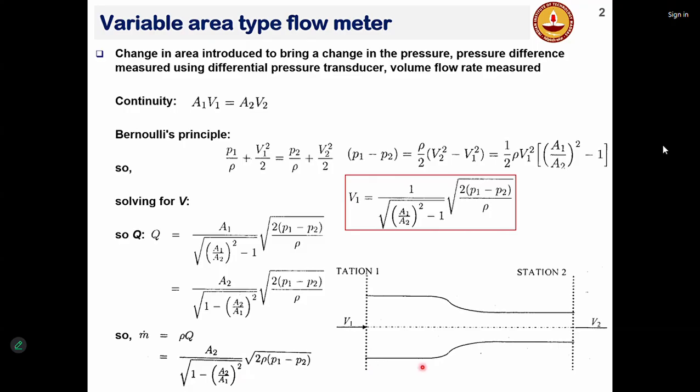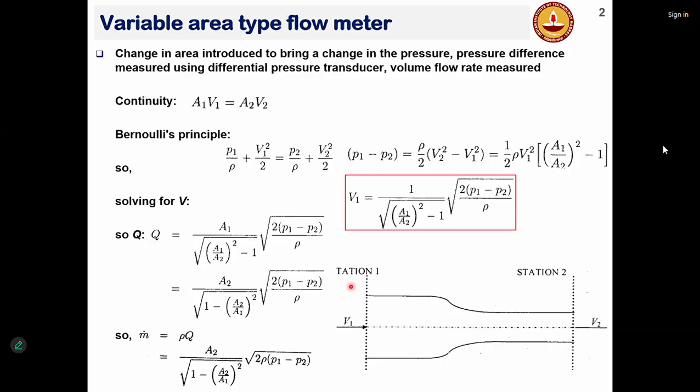So that means if you can design a variable area flow meter where you know precisely what A2 is, and you have a pressure measuring device like a manometer, where you can measure the delta P between station 1 and station 2, so you know P1 minus P2, you know the density of the fluid, and you know the areas of cross section A1 and A2, then you can very well find out the mass flow rate or the volume flow rate.